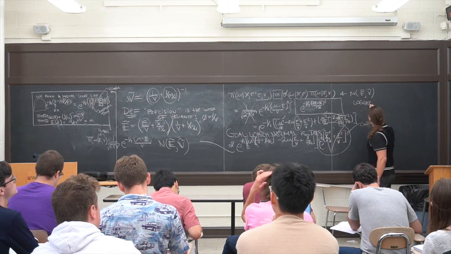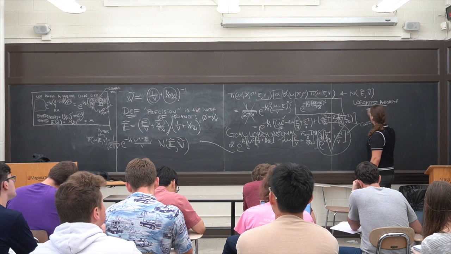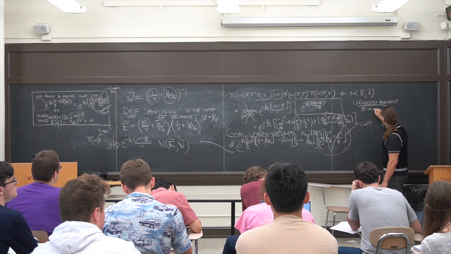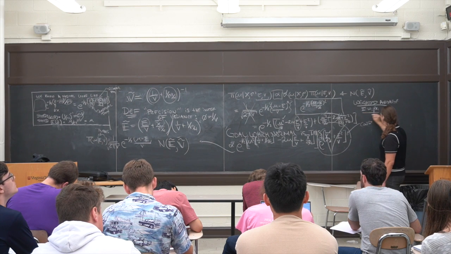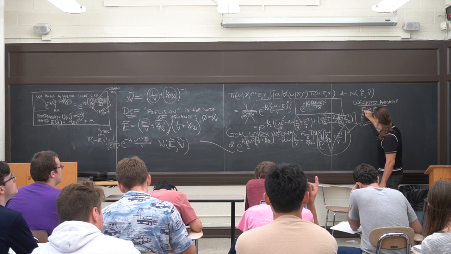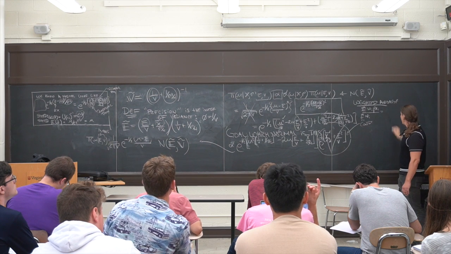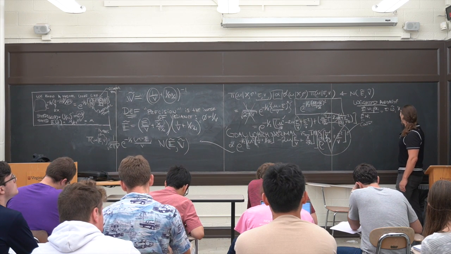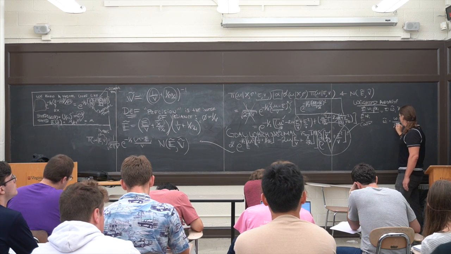Weighted average: it's just the sum of the W_i's times the X_i's divided by the sum of the weights. I'll rewrite this just real quickly as the sum of the W tilde i's times X_i, where W tilde i is equal to W_i divided by the sum of the weights.